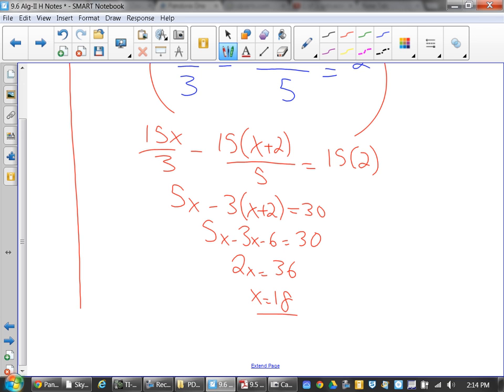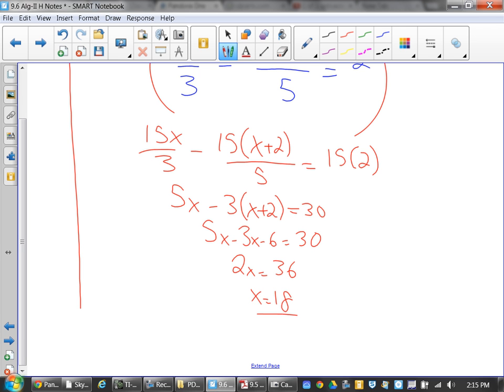You get 18. Nice, easy work. The only thing you're going to screw up here is forgetting that when you distribute a negative, negative 3 times positive 2 is negative 6, not positive 6. That's usually what you mess up.